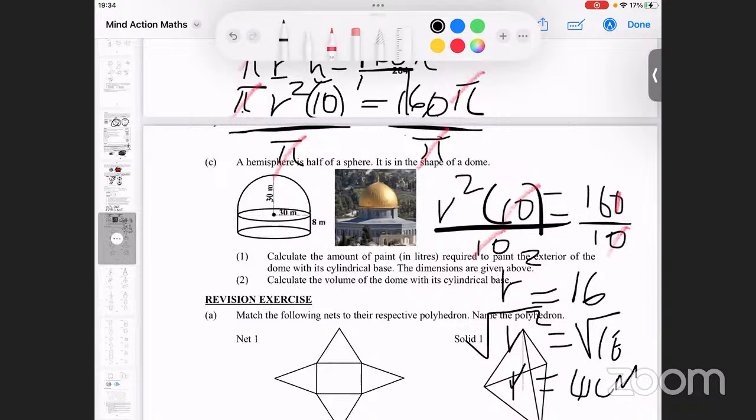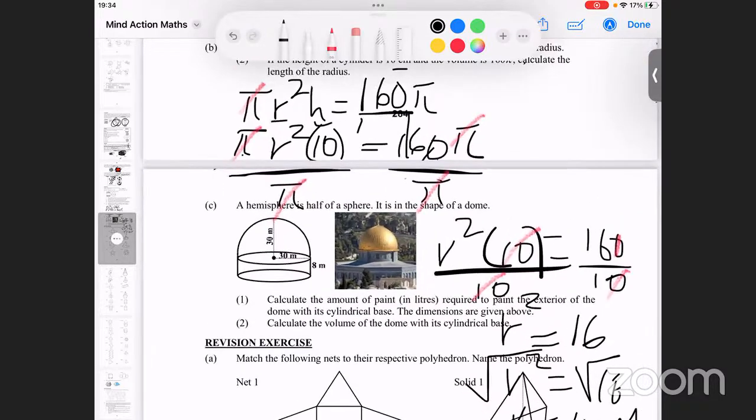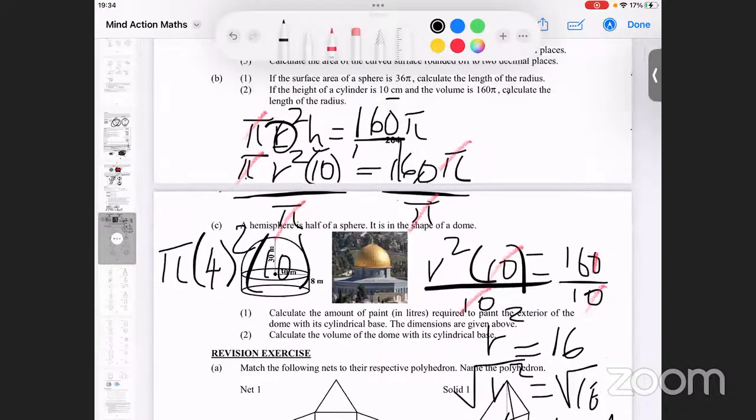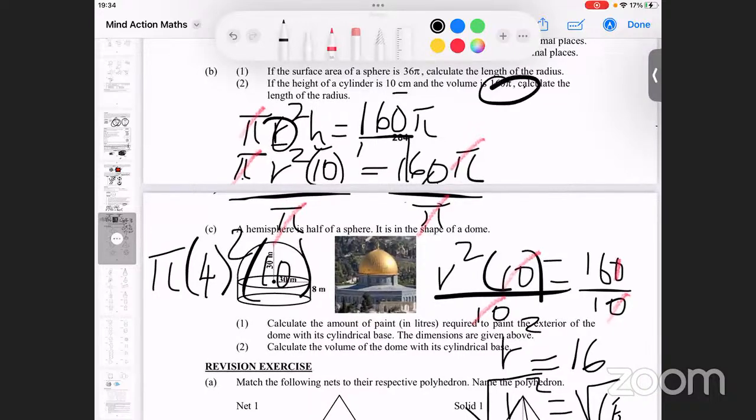And then if you want to check if your answer is correct, you're just going to substitute 4 here. So you're going to have pi into 4 squared, and our height is 10. Yeah, it's 10. And if it doesn't give you this, then we are absolutely wrong.